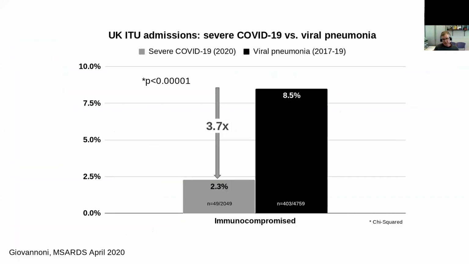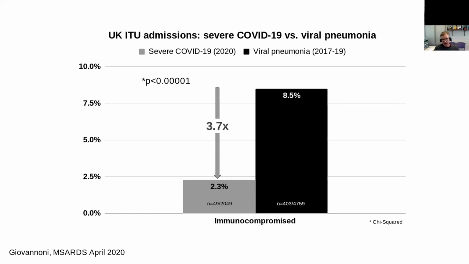Another bit of data that may be relevant to this discussion is the ITU data, showing the proportion of people getting into intensive care units with COVID-19: only 2.3% were immunocompromised. This is about 4 times lower than a comparative group admitted to intensive care units in the UK with viral pneumonia.